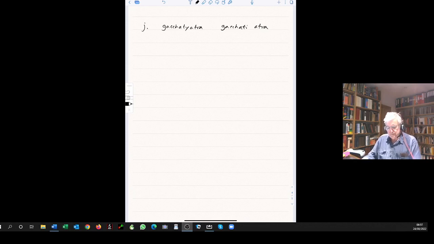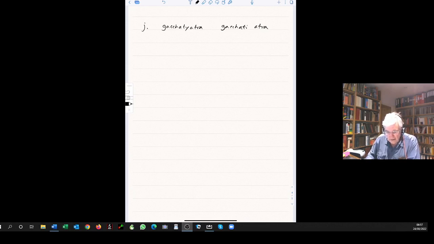I don't think it's going to be necessary to go through all this in detail, because it's something that you can write out for yourselves. I will just go through a couple of them. And of course there's the translation into English, which I will do. So the first one, I'll read without sandhi and then with sandhi.